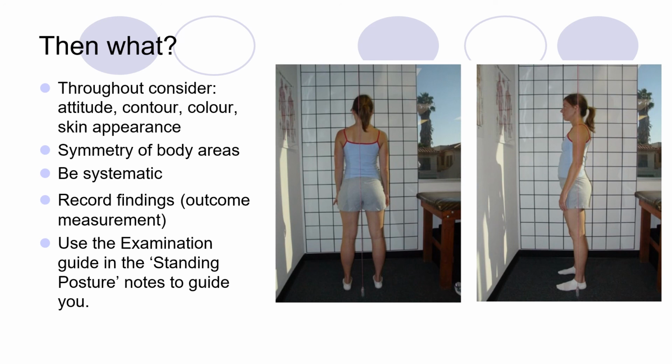Do remember to compare the symmetry of the left and right sides of the body, and also to compare the positions of the shoulder, the scapula, the cervical, thoracic and lumbar spine, and the pelvic region using the iliac crest for comparison. Also, you should be looking at whether the body is leaning in a certain direction. These should give you a hint as to whether there are any abnormalities or any asymmetry within the body alignment itself. So do remember to be systematic and also to record your findings.